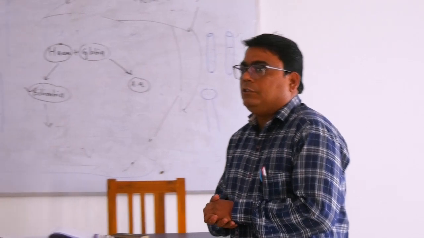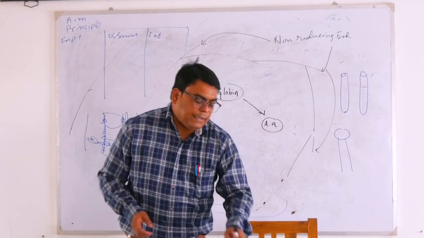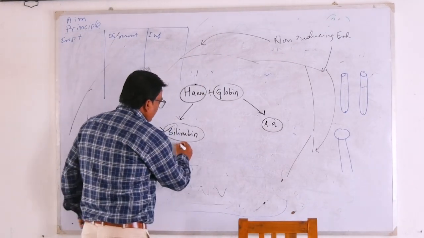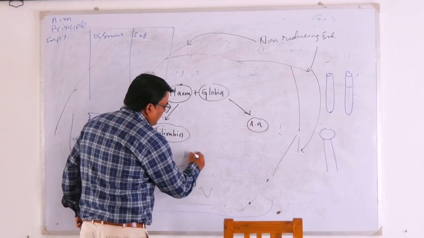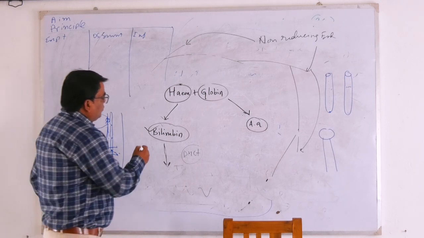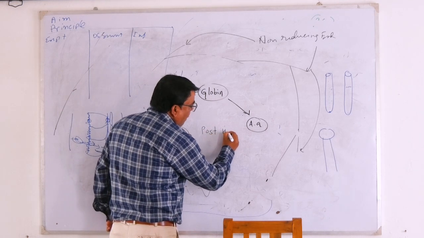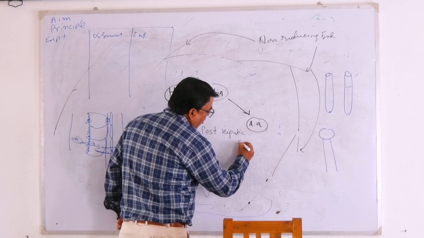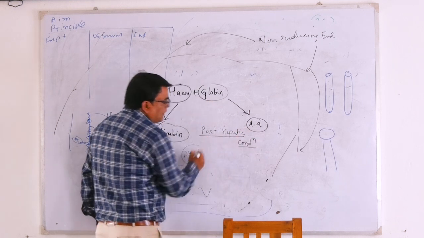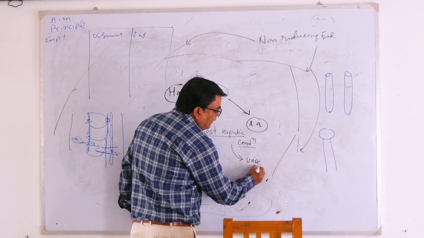In post-hepatic jaundice there is an obstruction, so bilirubin cannot enter the duct. The bilirubin level increases in this condition, and it is excreted out in the urine.